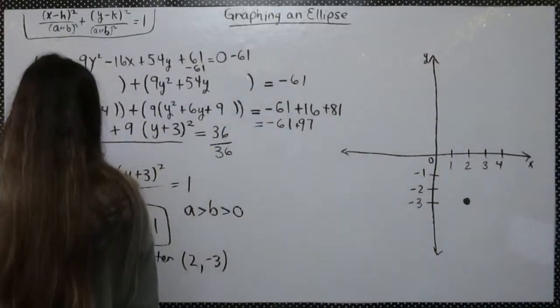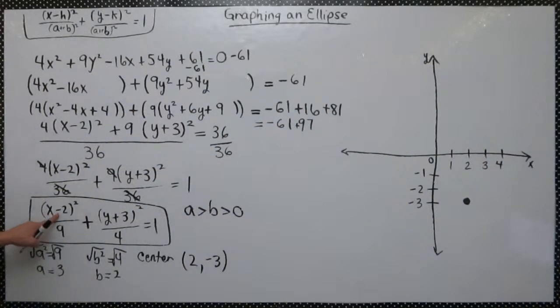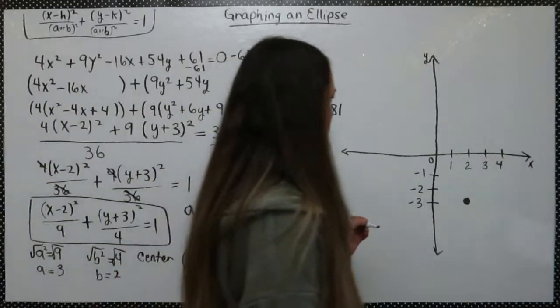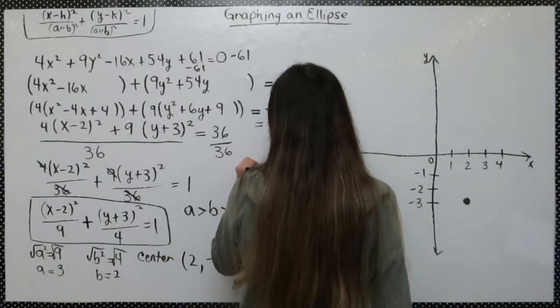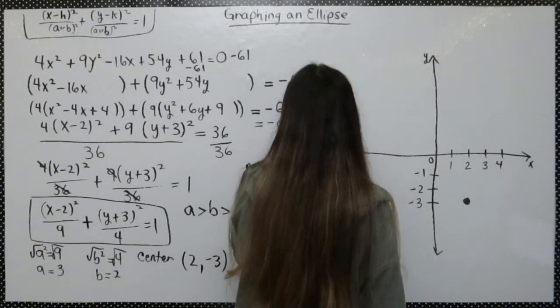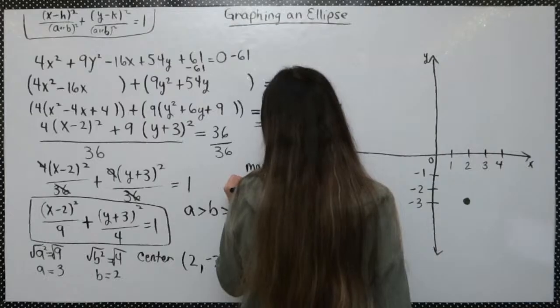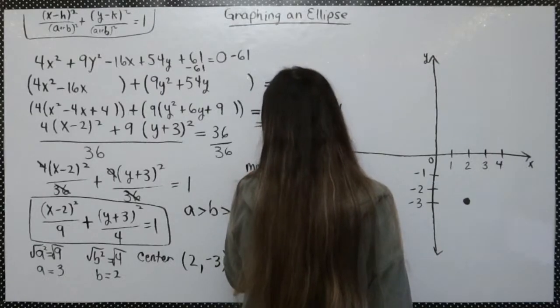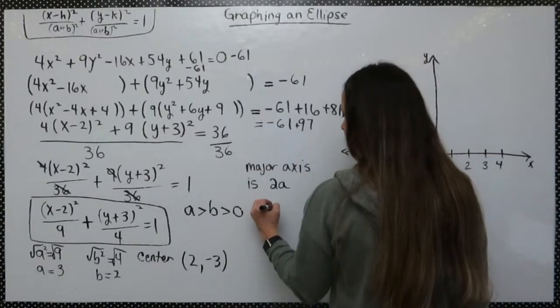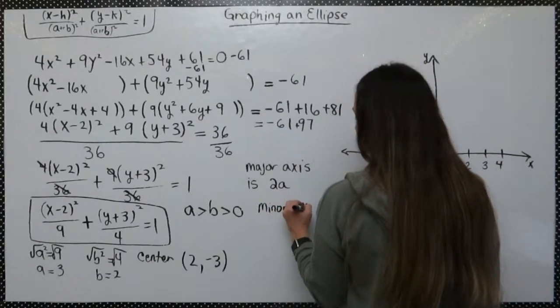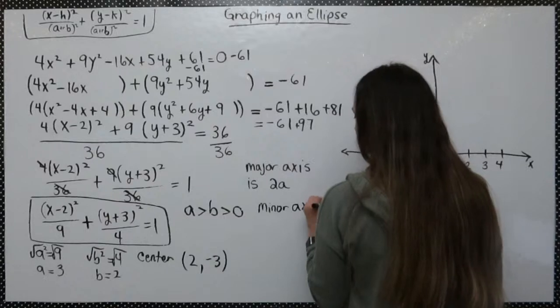Since my A is associated with x, A is 3, then my major axis is 2A. Okay, and the minor axis is 2B.